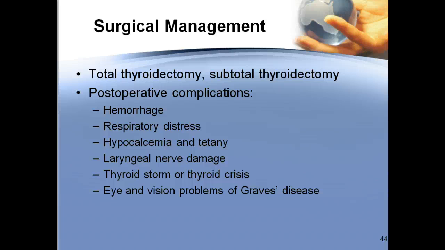So basically, what happens is it develops really quickly. Manifestations of crisis develop quickly and are often triggered by stressors such as a trauma, infection, diabetic ketoacidosis, and vigorous palpation of the goiter, any exposure to iodine and radioactive therapy. And usually it occurs after surgery.